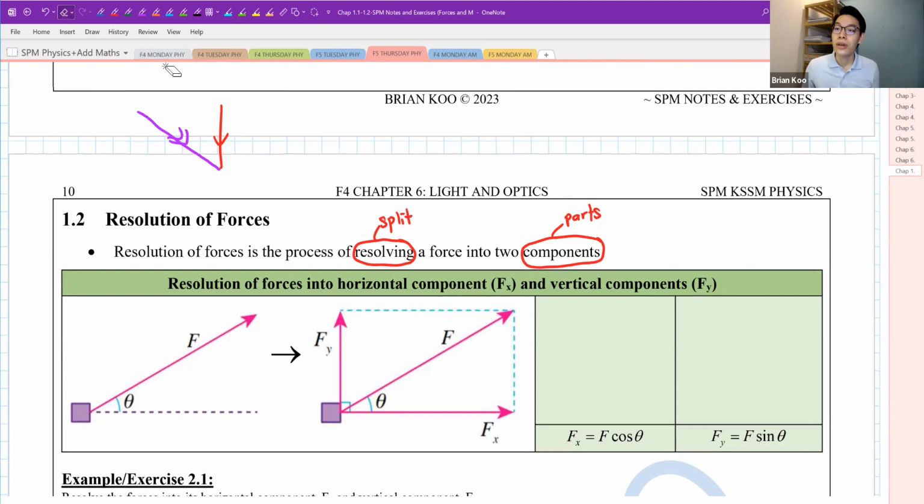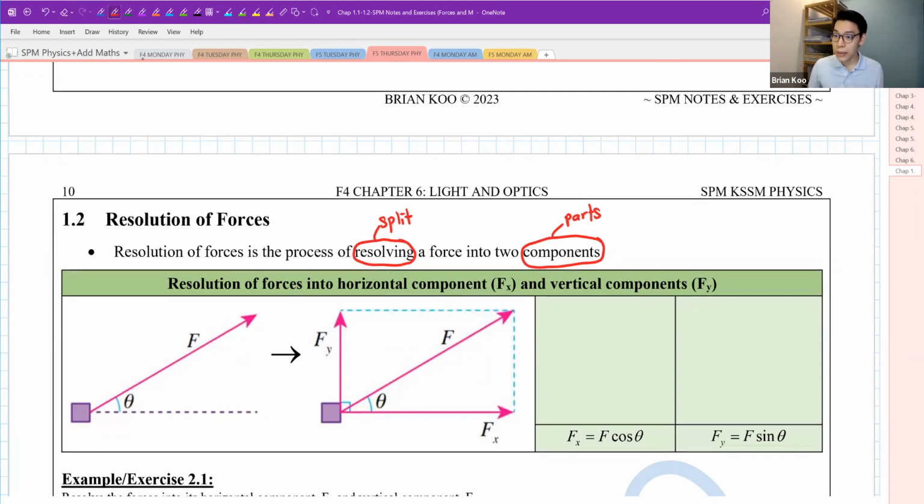We want to know this purple color force, this resultant force, is actually what force plus what force. So from one force, now I want to do the reverse and be able to split it up into its original form, let's say. Okay, right?